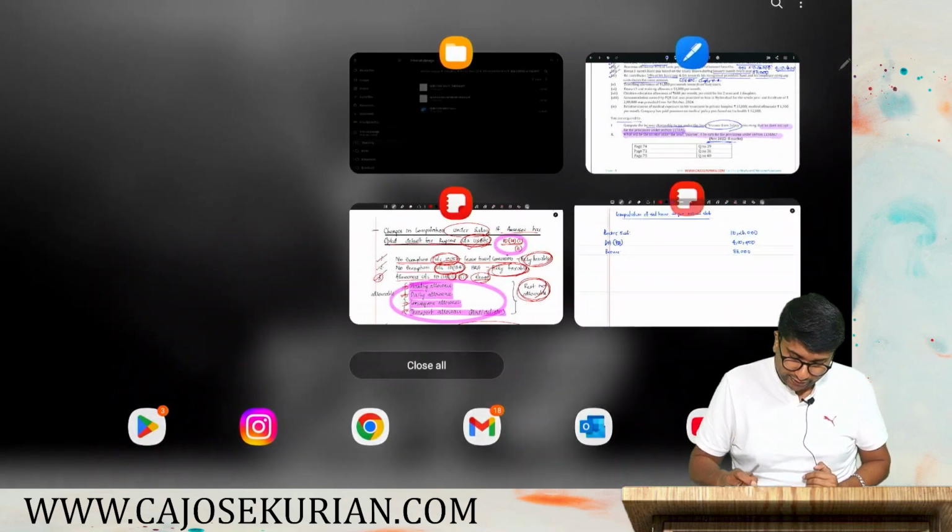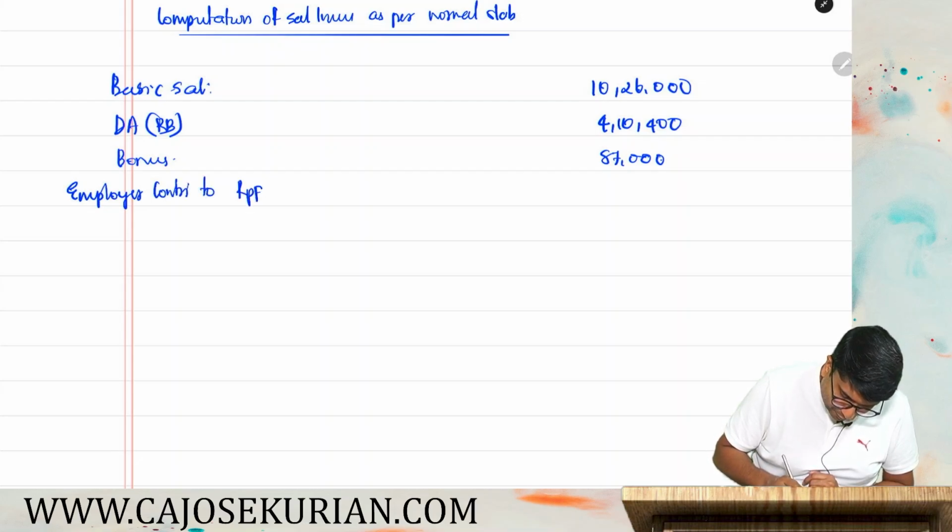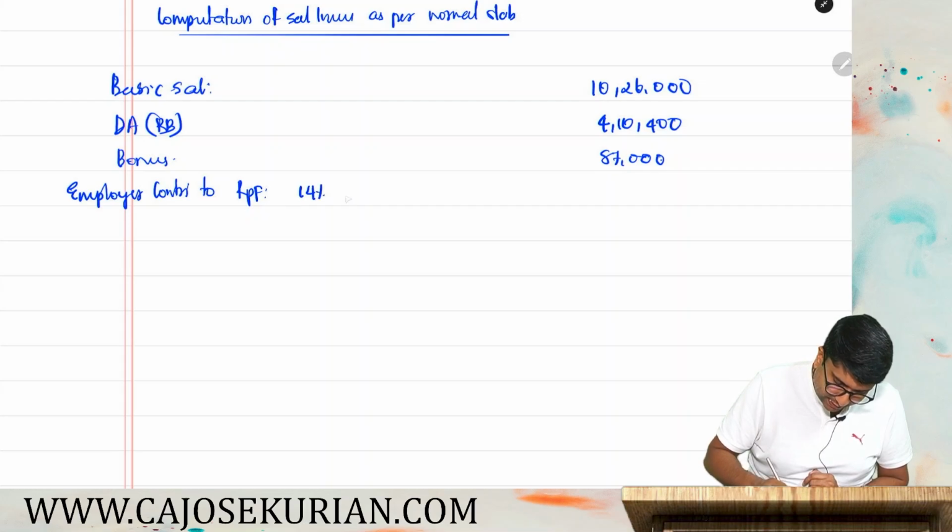So what we need to do is employer contribution to a recognized provident fund. 14% of basic plus DA forms part of the retirement benefit. That's what the question says.